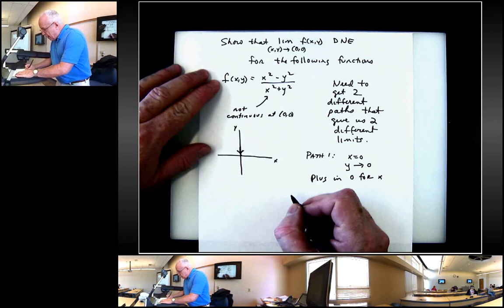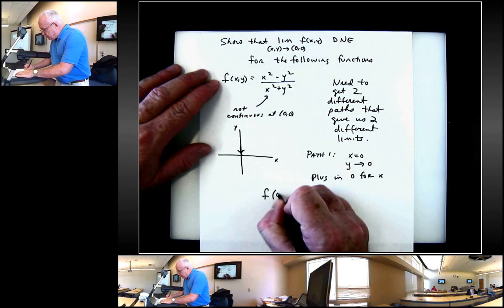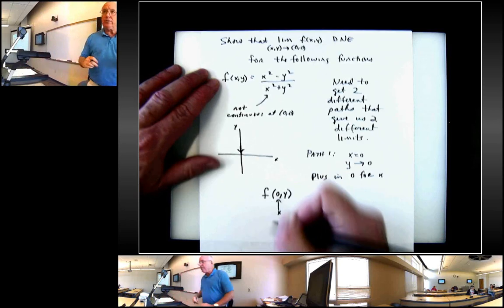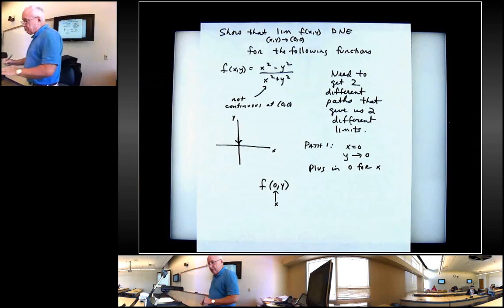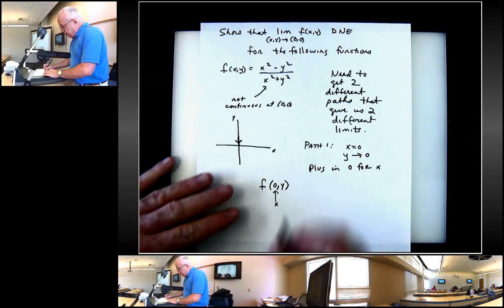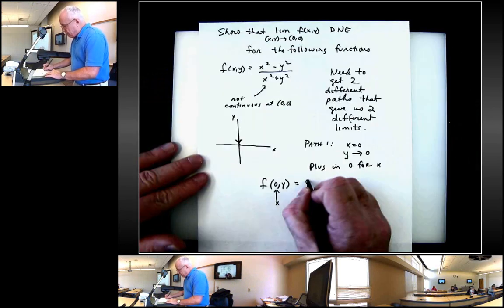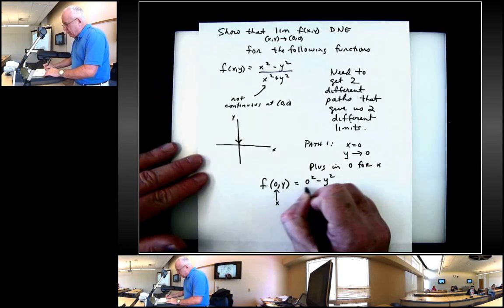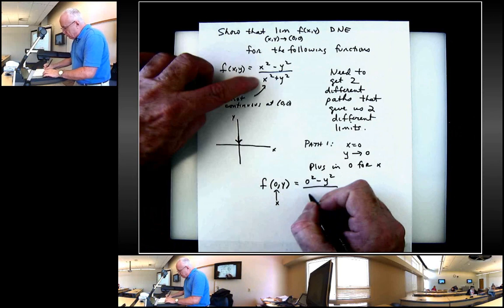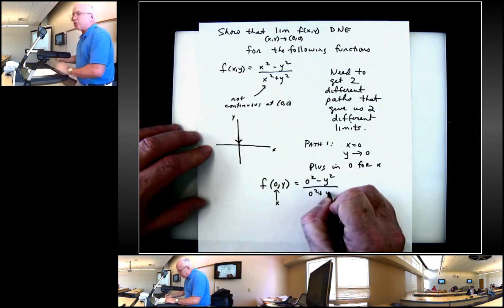So what we have then is f of 0 comma y, because our x value is 0 along this path, and let's plug in what we have here. It's x squared minus y squared, so this is going to be 0 squared minus y squared over x squared plus y squared, 0 squared plus y squared.